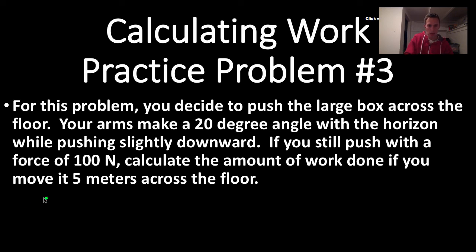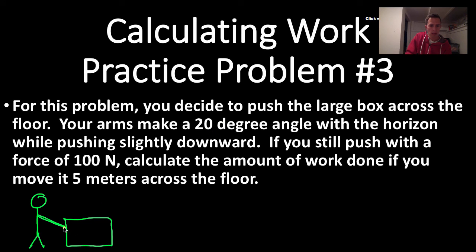All right, again, as always, let's start by drawing a picture of what's going on here and see if we can make sense of it. So it says that you're pushing the box across the floor with your arms slightly at an angle downward. And so here's the box. Okay, and you're pushing slightly downward. It says you make a 20-degree angle with the horizon, or the horizontal.